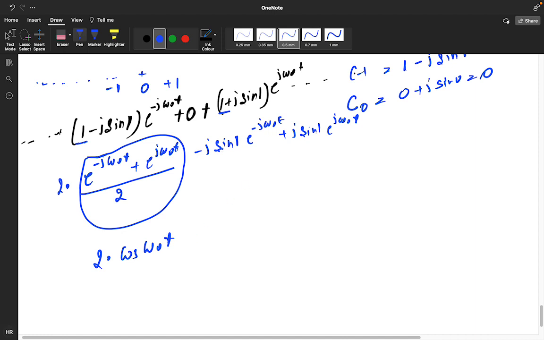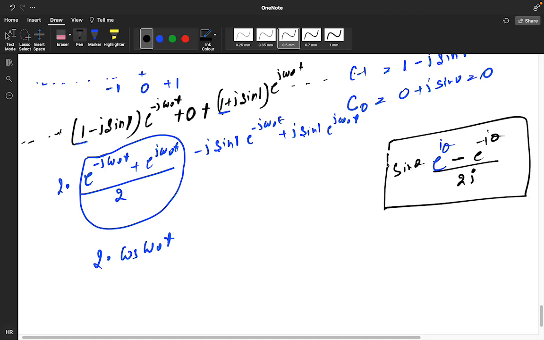Now I need to make it in this form, e power i theta. What was the formula, guys? e power i theta minus e power minus i theta by 2i, that is the formula of sine theta.